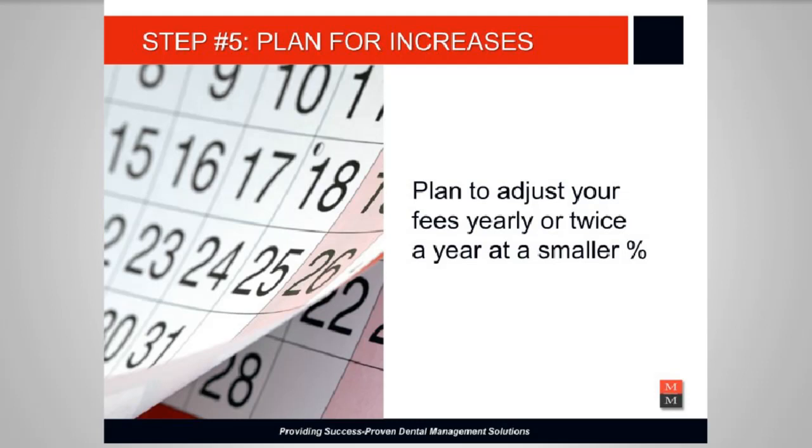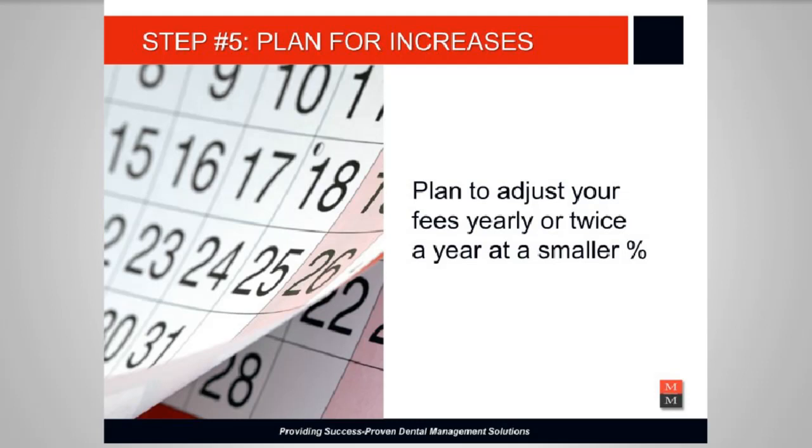So I'm suggesting that you establish a solid fee for each service and then adjust or reanalyze them at least twice a year. So for example, the first increase could be 2%, followed by 3% for an annual yearly increase of 5%.